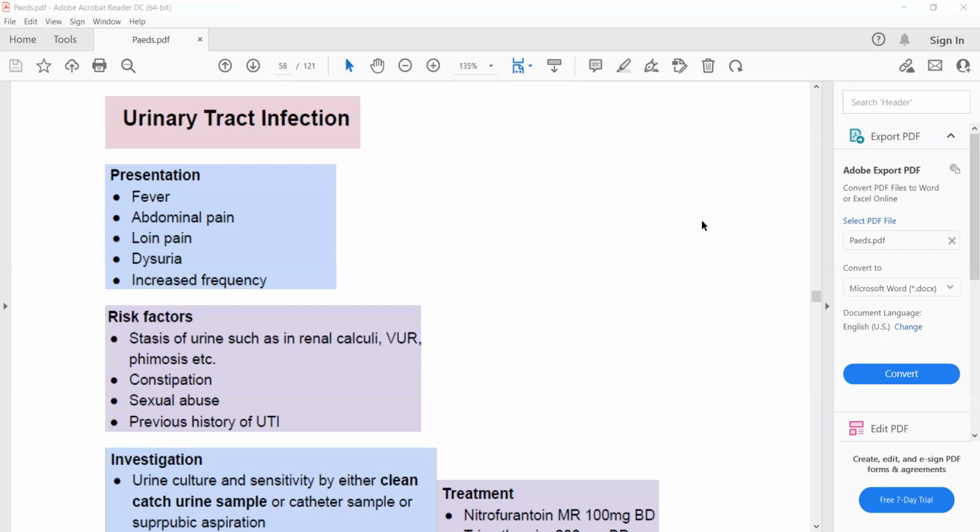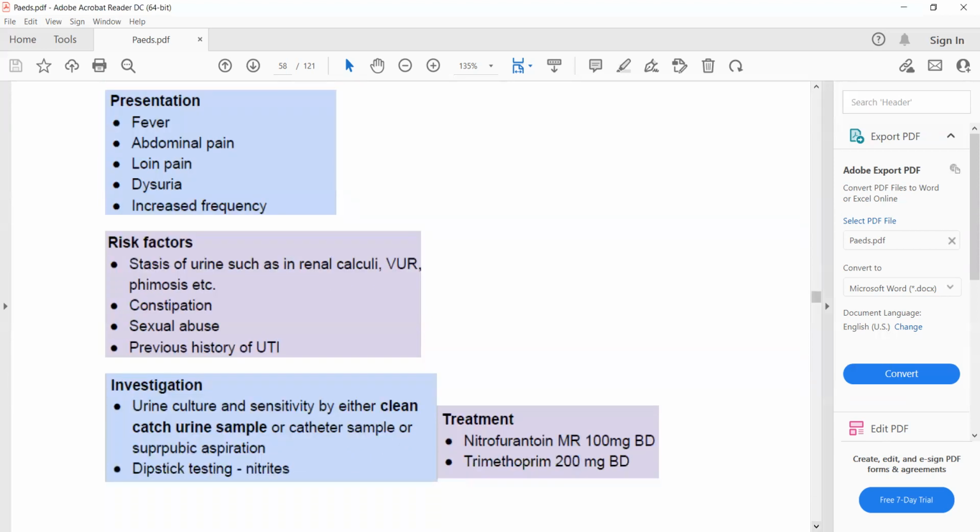Now, investigation if we are suspecting a UTI is urine culture and sensitivity. Initial testing will include dipstick urine testing to see nitrites and leukocytes in the urine. And if it's positive, then we'll need to send a urine culture and sensitivity by a clean catch urine sample.